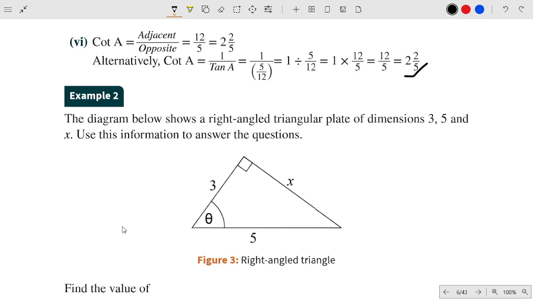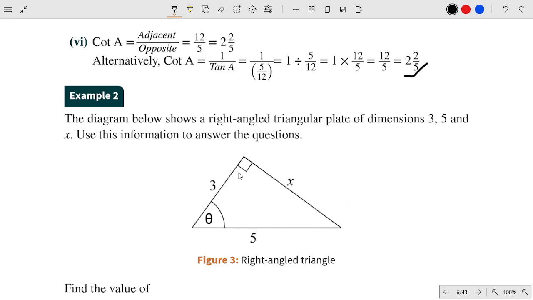Now, since this is a right angle triangle, we can apply the Pythagoras theorem, which says that the square of the hypotenuse is equal to the sum of the squares of the other two sides.